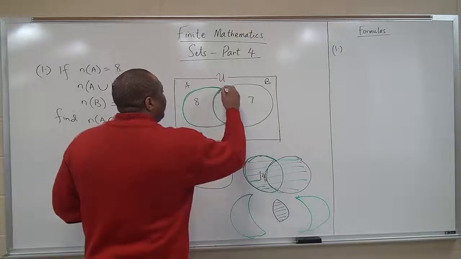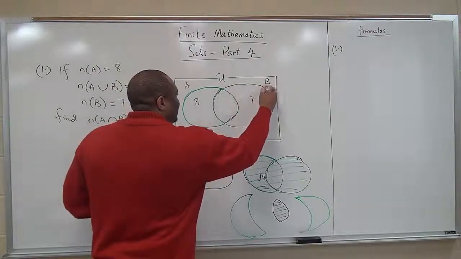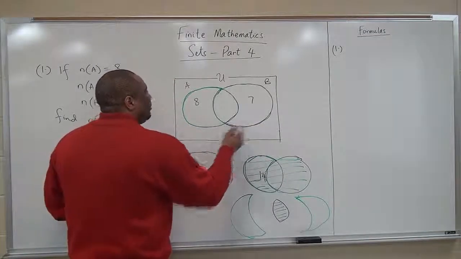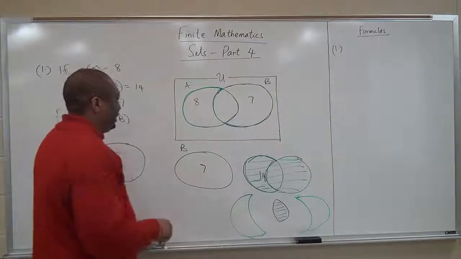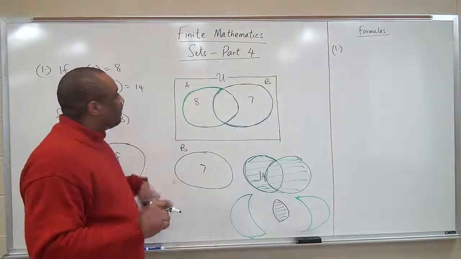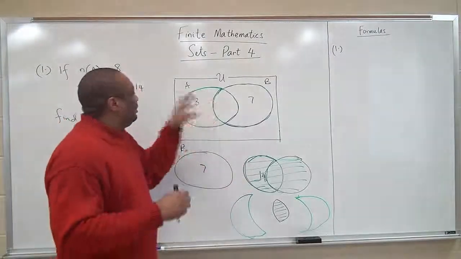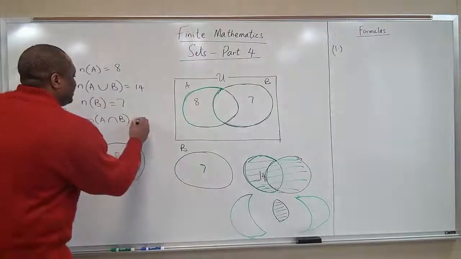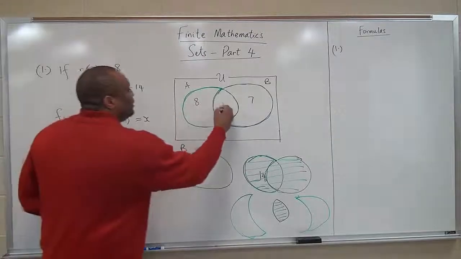I'm using blue for it. I hope you can see the colors of this marker in this video. This is what they're asking us to find, and we don't know it. Since we don't know it, let's call it X.